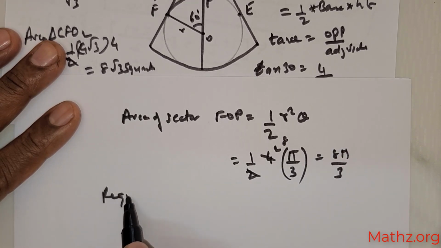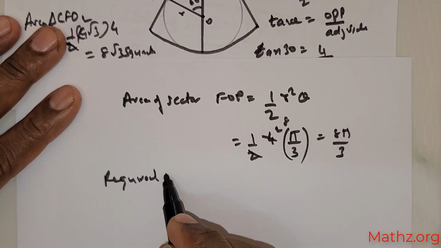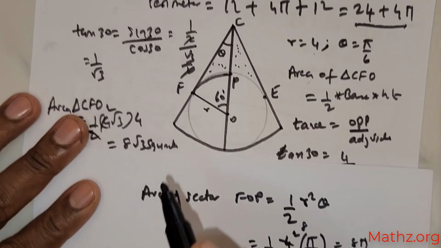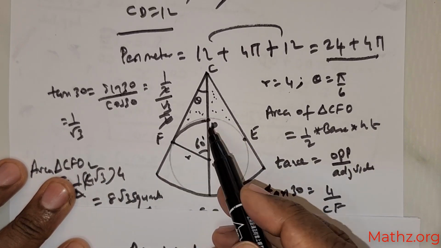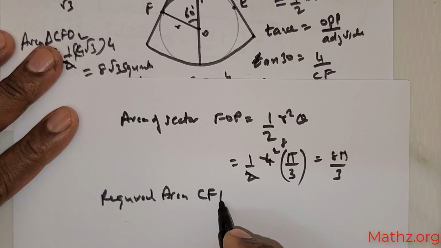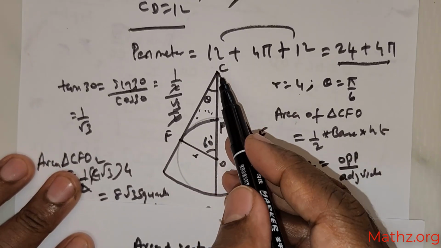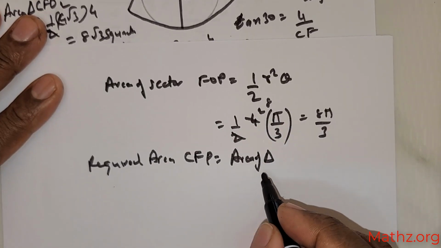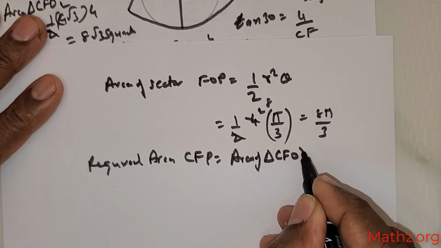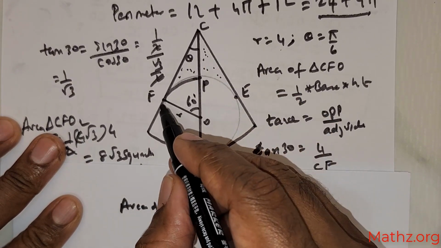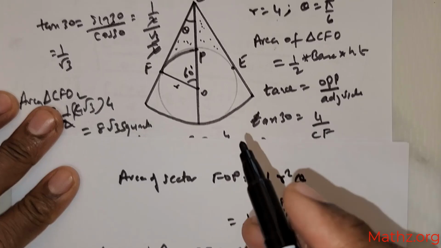Now the required area, which is CFP, is equal to area of triangle CFO, from the area of the triangle you subtract area of the sector FOP.